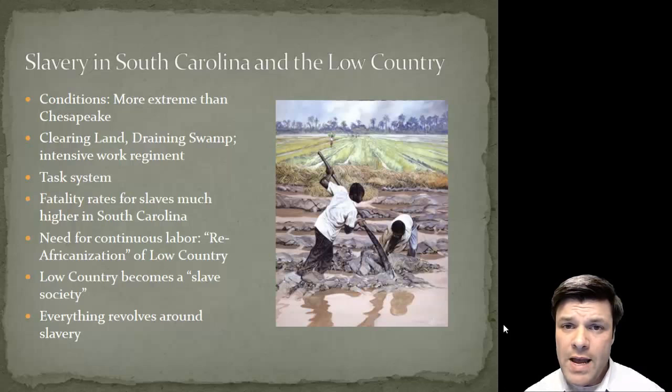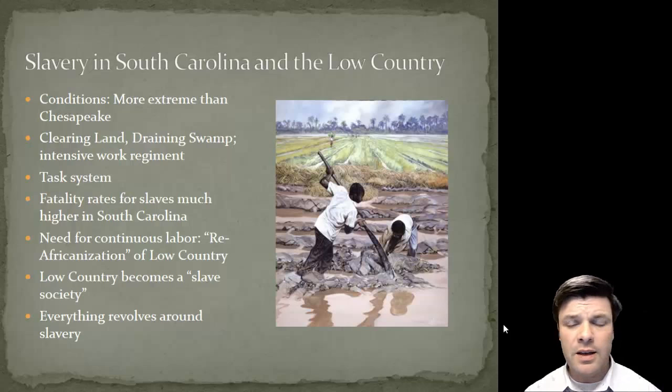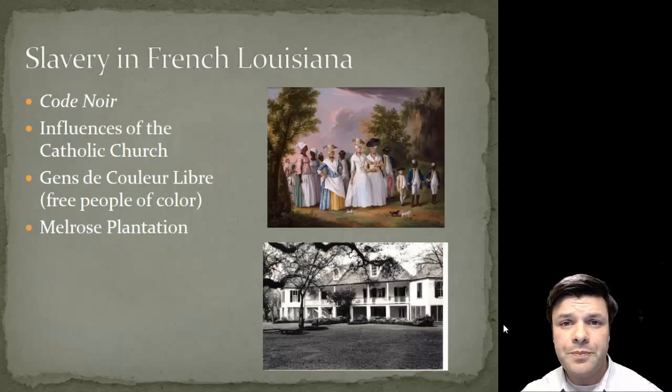In many ways, slavery, as it was experienced and as it was practiced even in the Low Country, was much more similar to that of the Caribbean model than it was even a few hundred miles to the north in the Chesapeake. So I'm hopeful that this helps you to see that the context and the setting and even who's calling the shots is really determinative when it comes to how slavery is ultimately going to unfold.